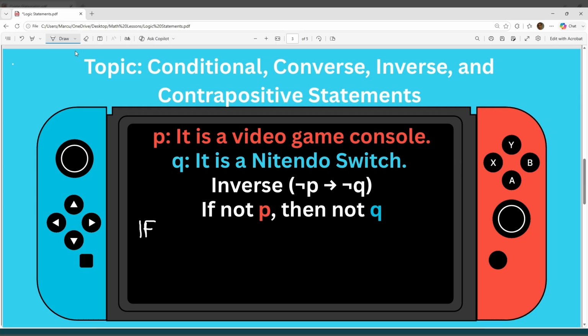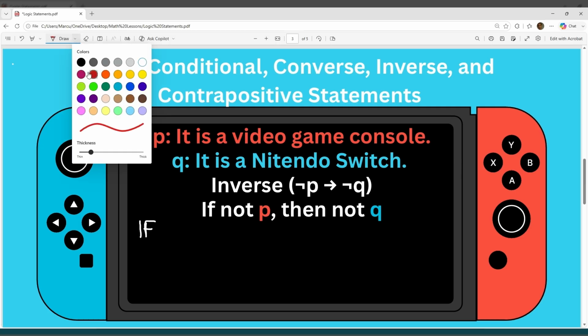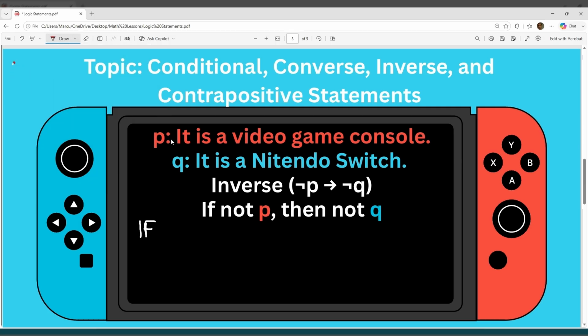So instead, I'm going to write it like this. If it is not a video game console. So notice I'm not going to have the word not in the beginning here, because if I write "if not, it is a video game console," it would not make sense, right?